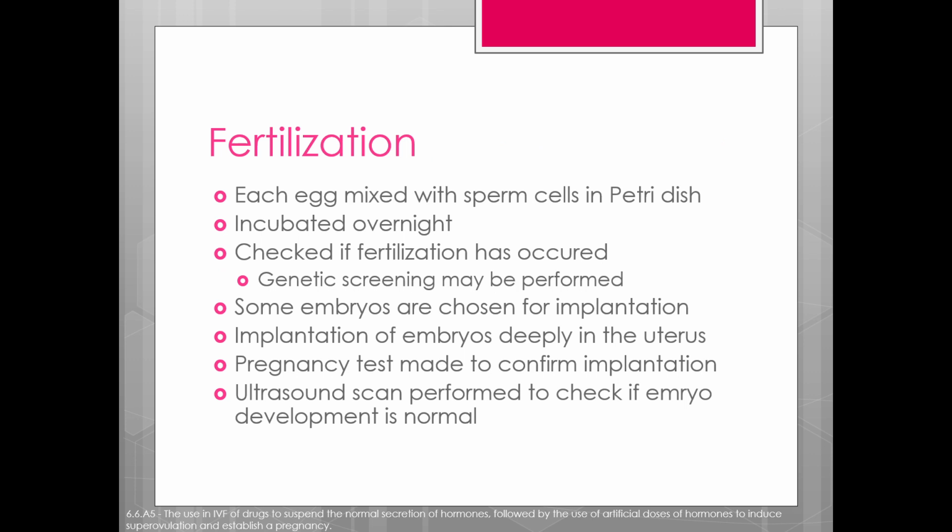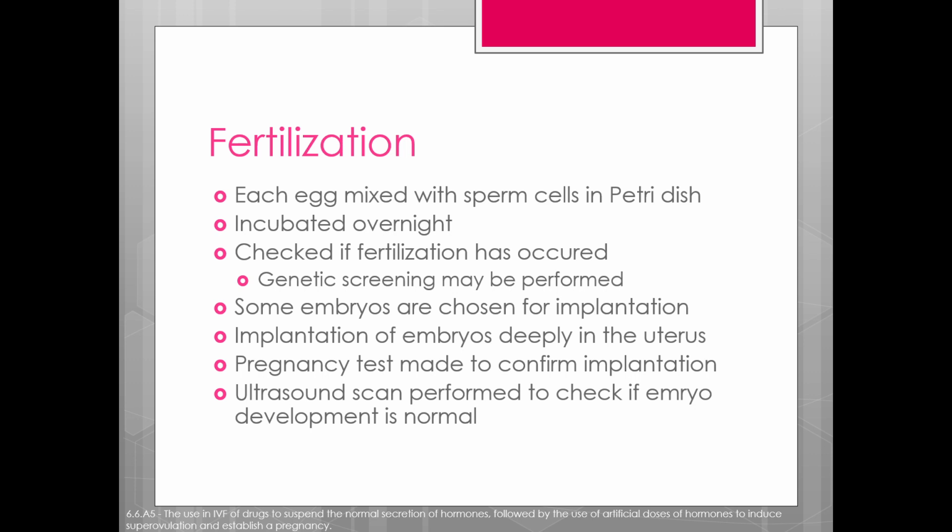Then, if we've got a collection of egg cells and a collection of sperm cells, the basic procedure from this moment on is rather simple. We take a dish. We put each egg cell separately on the dish, mix each of them with some bunch of sperm cells, and leave them overnight to incubate, because fertilization is not a moment. It needs some time.